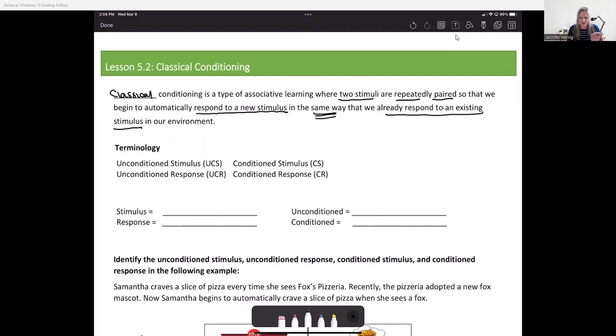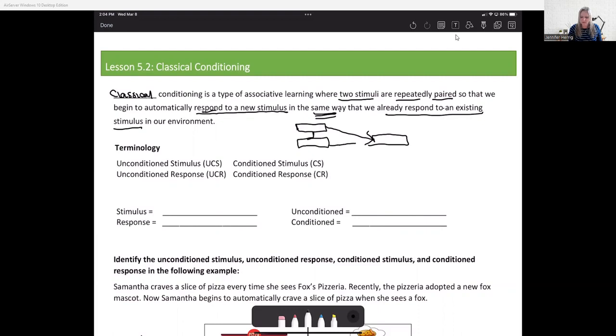So let's look at that a little bit more closely and understand what this is saying. So we've got one stimulus that is already leading to a response. All right, so we're already responding to an existing stimulus. And we want to repeatedly pair that stimulus with another new stimulus so that it leads us to respond in the same way.